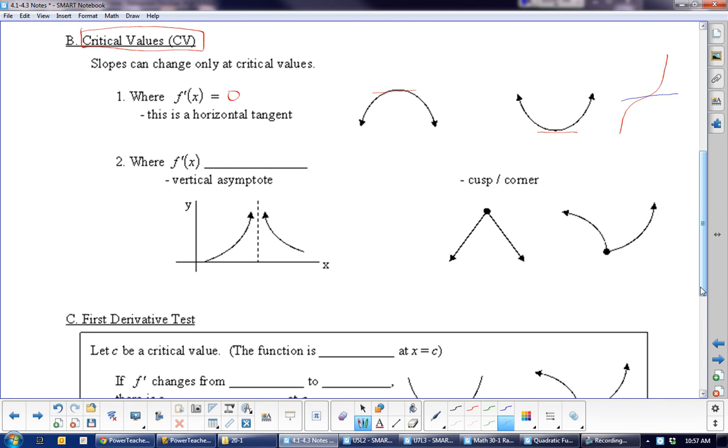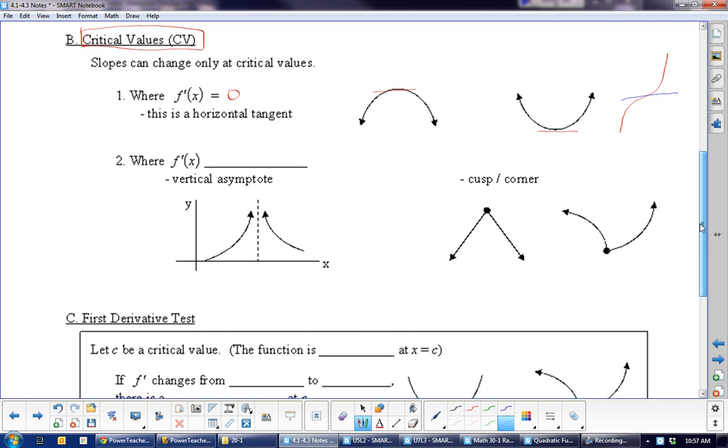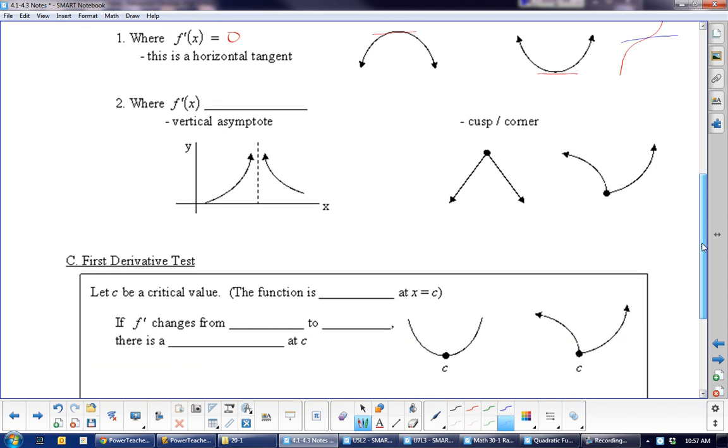Okay? Now, there is another time that critical values are helpful for us, and that is when f prime of x equals this. Oops, not equals, it equals this. And this is does not exist.